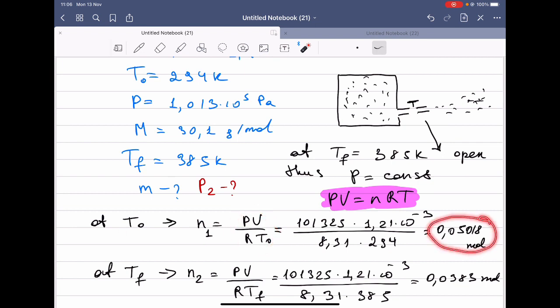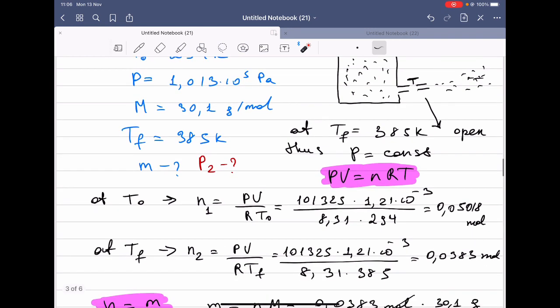However, when they increase the temperature and leave it open, definitely some of the gas will escape, and some will remain. That means the amount of substance will be less than initially.